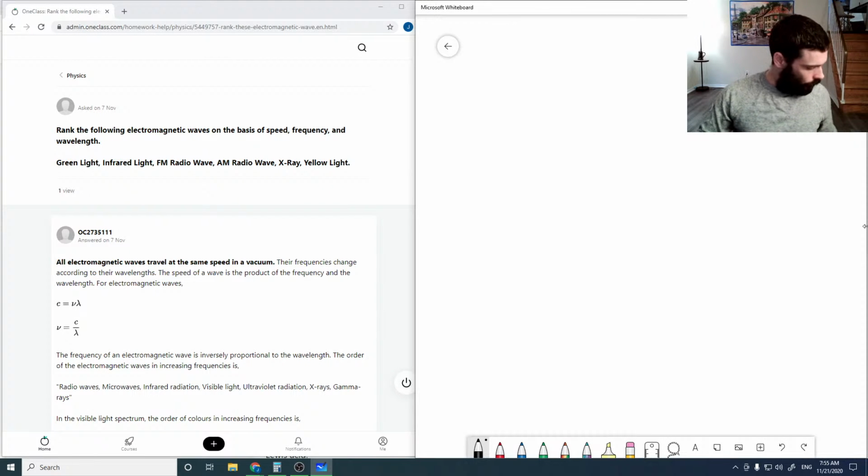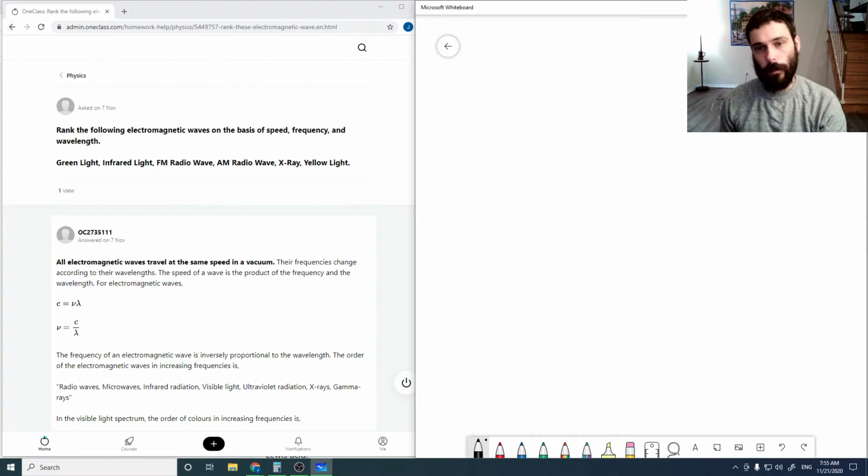Okay, and so we're asked to rank the following electromagnetic waves on the basis of speed, frequency, and wavelength. So we've got green light, infrared light, FM, AM, X-ray, and yellow light.